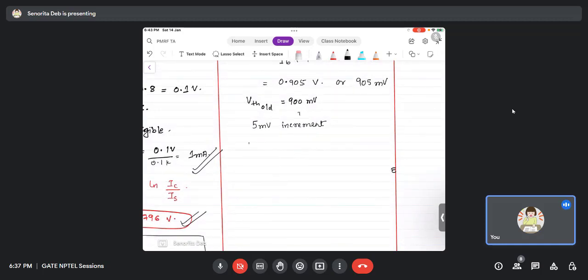So if it comes across the resistor, then VE will be what? The difference will be 5 millivolt by 100 ohms, right? That gives you how much current?